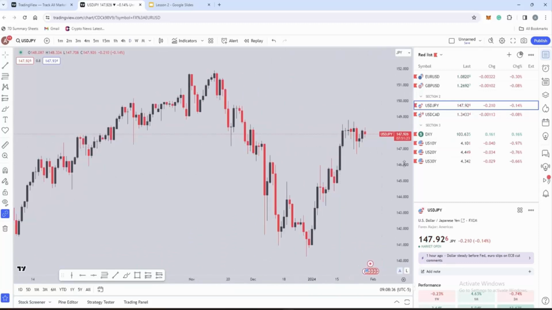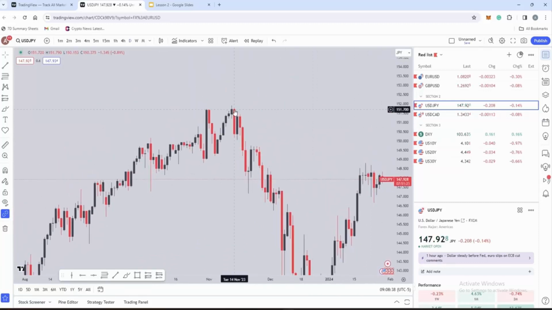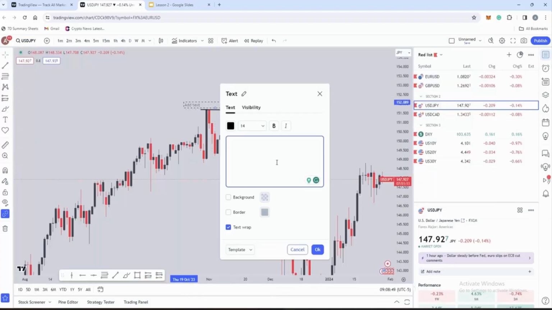So let's take this example. Over here, as you can see, equal highs on the daily time frame. Those equal highs, what are they? Those equal highs are buy side liquidity on the daily time frame.